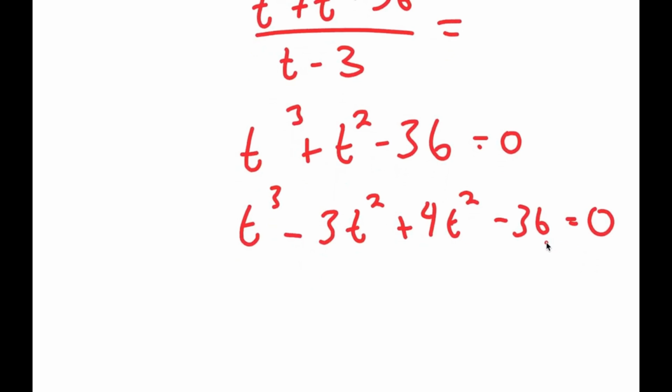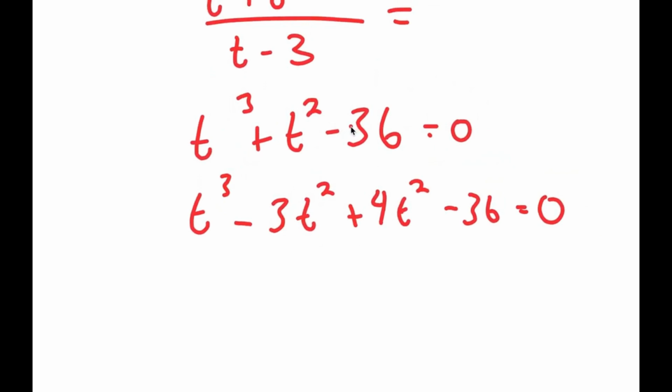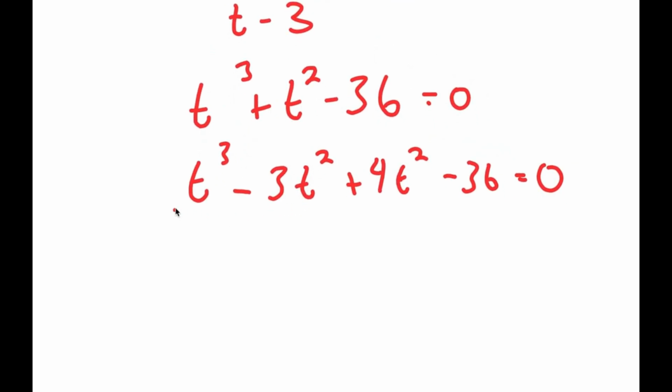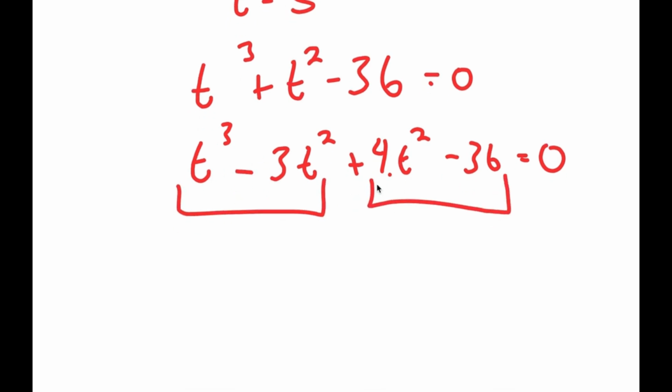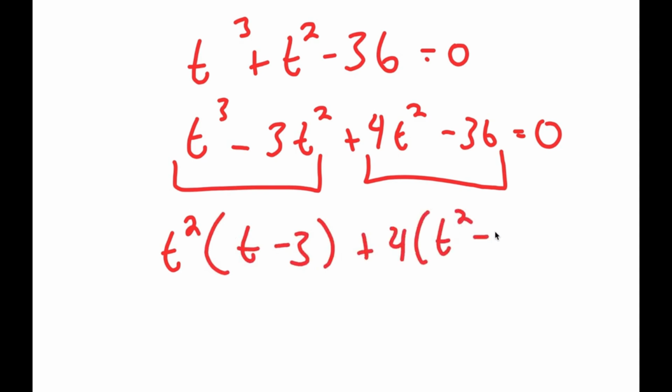And from here, I can factor out t squared from t to the power of 3 minus 3t squared, and 4 from 4t squared minus 36. So I get t squared times t minus 3 plus 4 times t squared minus 36.